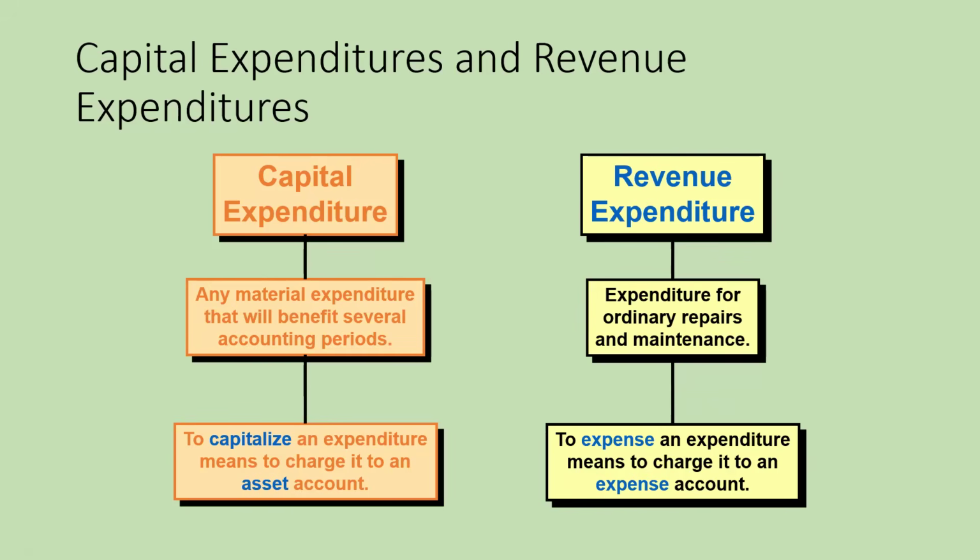To capitalize an expenditure means we add that expenditure to the acquisition cost of the asset. Revenue expenditures are basically recurring expenses. These are day-to-day or routine expenses, and they should not be capitalized; they are not part of the cost of long-term assets.